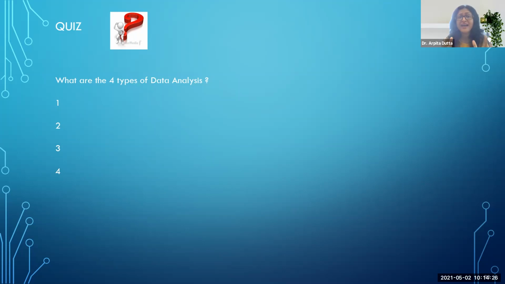You have to have sufficient data in order to take a decision. So data needs to be real time. So the data has to be descriptive in nature and it has to be real time. So that's one type of data analysis. It's not a step, it's a type. Then what is the other type?